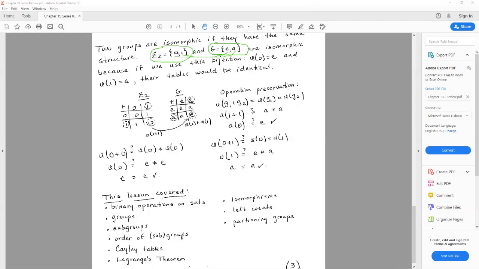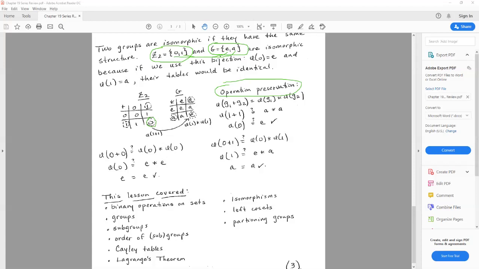One thing we need to do to ensure that we have an isomorphism is to make sure that we have an operation preserving situation, and we do that by verifying that phi of g1 g2 is equal to phi of g1 times phi of g2. Notice that in this case, we have 0, and 0 is 1 plus 1.